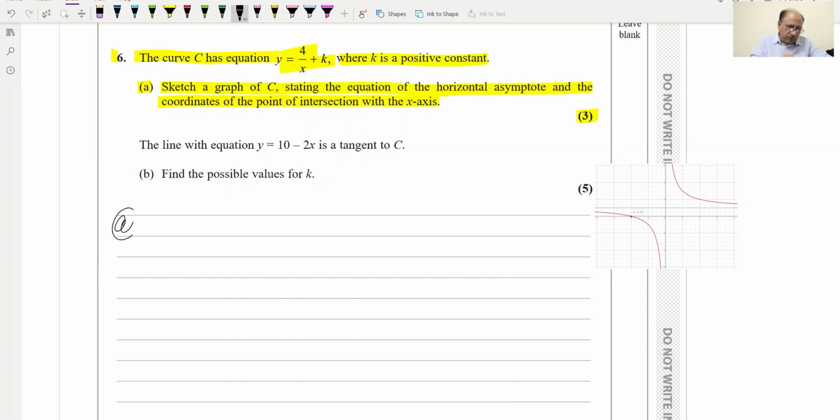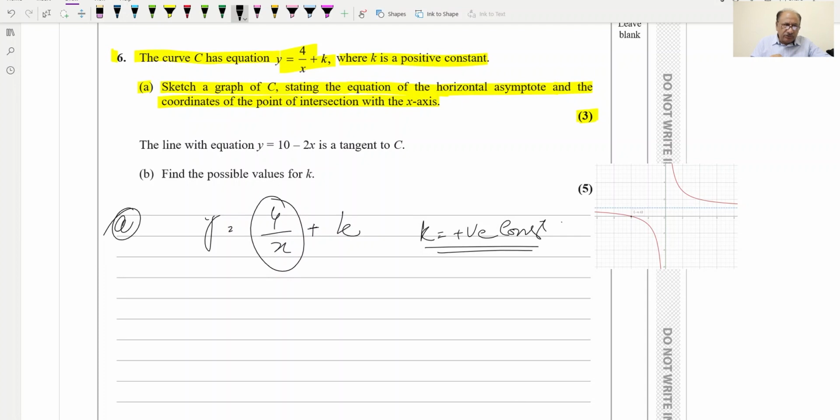So in part A, we have to find the horizontal asymptote. We will be checking this equation y is equal to 4 over x plus k, and we know that k is a positive constant, so k cannot be 0, or it cannot be a negative value.